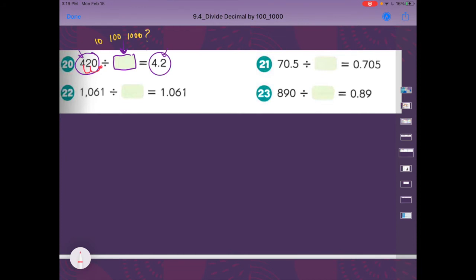So that tells me that we are dividing by 100. So 420 divided by 100 gives us 4.2. Why don't you look at number 21 and see if you can figure out, are we dividing by 10, 100, or 1,000? Look at the movement of the decimal point and see if you can figure it out.